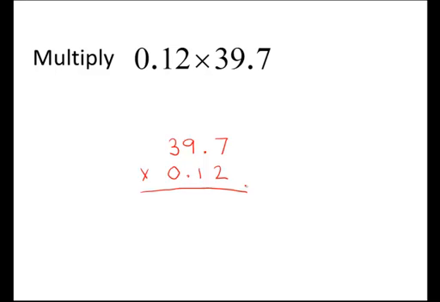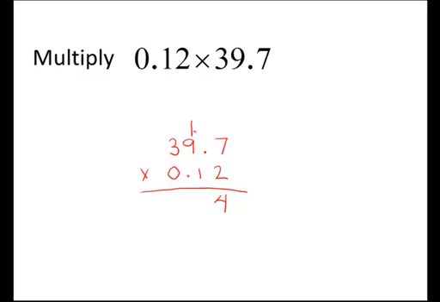My first step is to multiply the 2 by the digits above, beginning with 2 times 7. 2 times 7 is 14. I'll write the 4 and carry the 1.